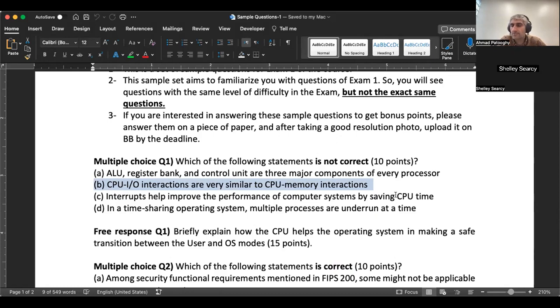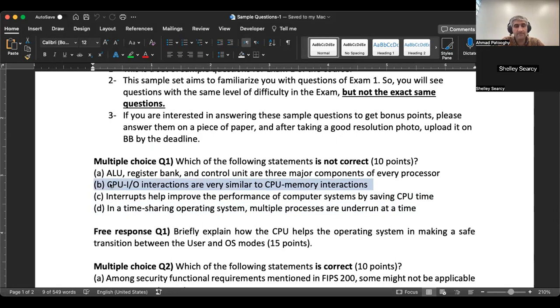Whenever the I/O has processed data and is ready to accept new data, or whenever I/O has produced data, it interrupts the CPU so that the CPU's time is not wasted. So this item is correct. Item D says, in a time-sharing operating system, multiple processes are on the run at a time. Again, this is correct. So we get back to number B.